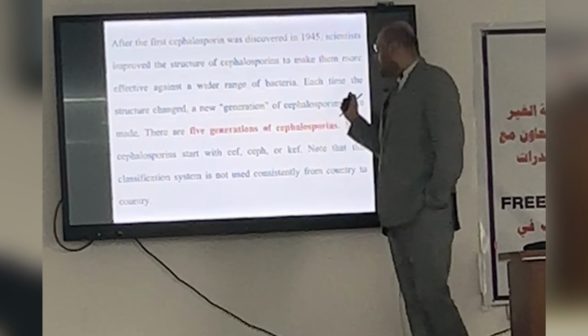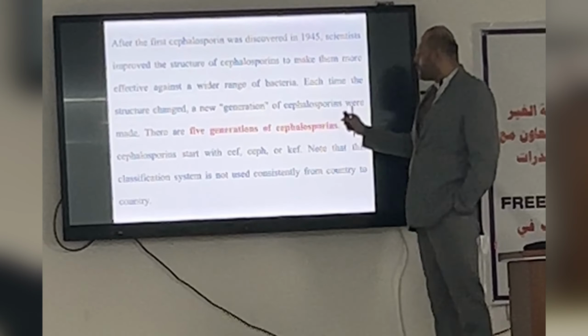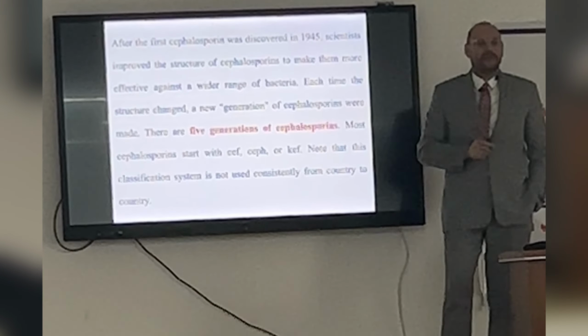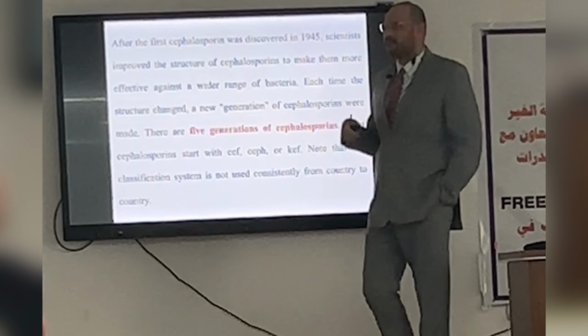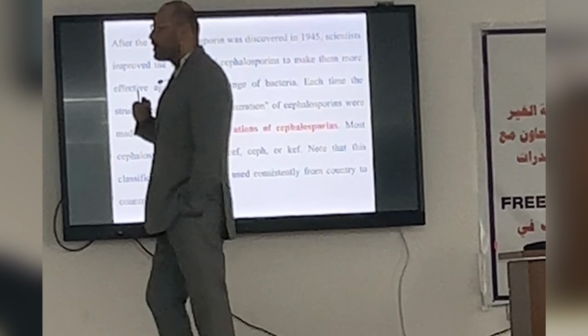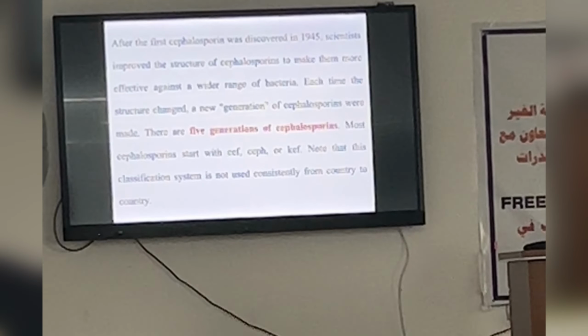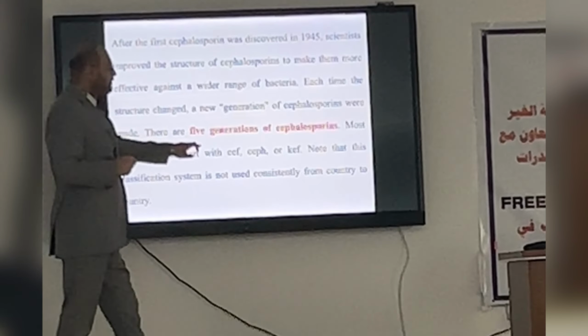Each time the structure changes, a new generation of cephalosporin is made. So each time we change the structure we get a new generation of cephalosporin. Right now we have 5 generations of cephalosporin.